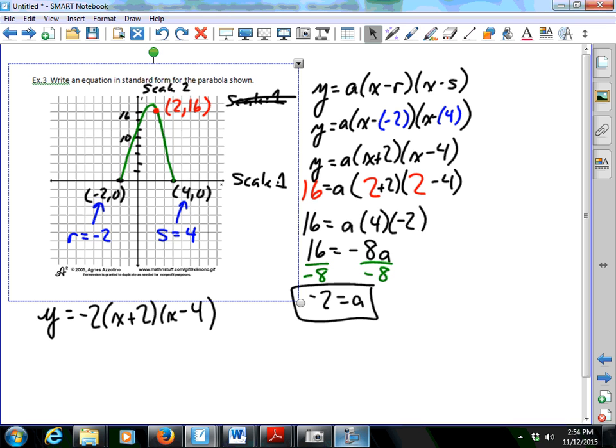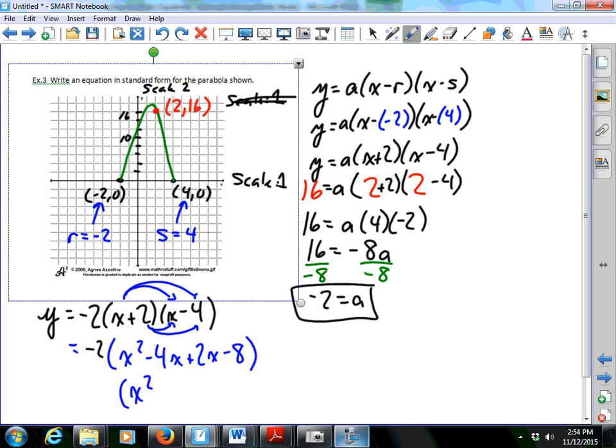I want this in standard form, so I'm going to FOIL first to get negative 2 times x squared minus 4x plus 2x minus 8, which gives me negative 2 times x squared minus 2x minus 8.